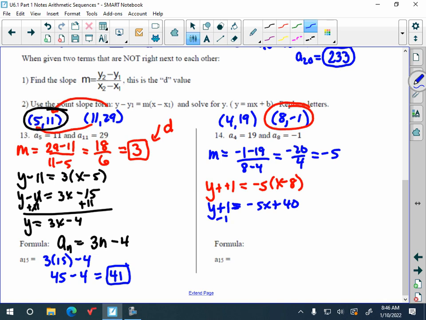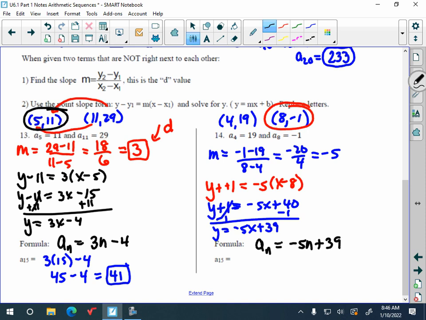And then subtract the 1. Negative 5x plus 39. All right, now we'll just replace y with a_n and x with n. So there's our explicit formula.